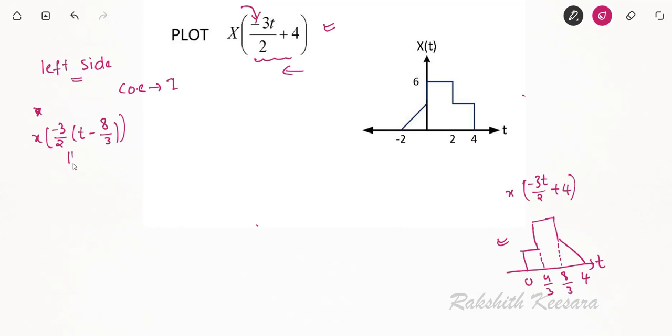The first operation you should perform is reversal, that is, you need to plot x of minus t. After this, you should perform time scaling, x of minus 3t by 2. After this, you should shift the entire signal by an amount 8 by 3 to the right side, that is x of minus 3 by 2 into t minus 8 by 3.